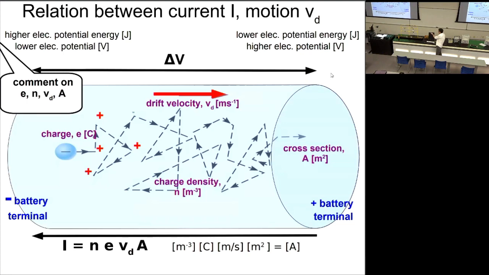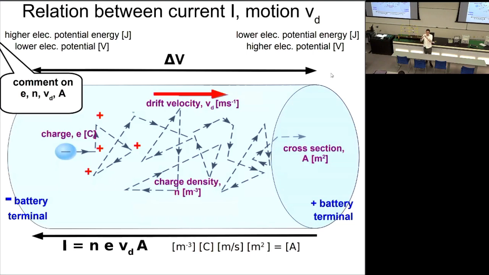V subscript D, to discriminate it from the other random motion, V subscript D is the drift motion. This is the thing that's causing the current. The fact that electrons not only are randomly moving around, but they're gradually drifting from left to right in my picture. And then A is the cross-sectional area of the wire. It might seem intuitively obvious that if you have a big, fat copper wire, a lot more current can pass through it.